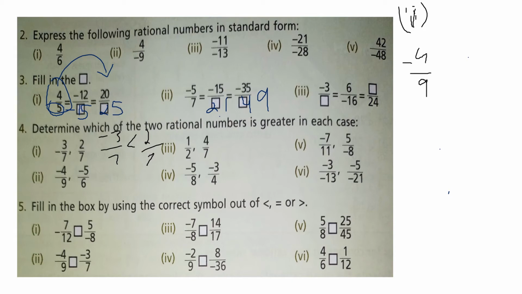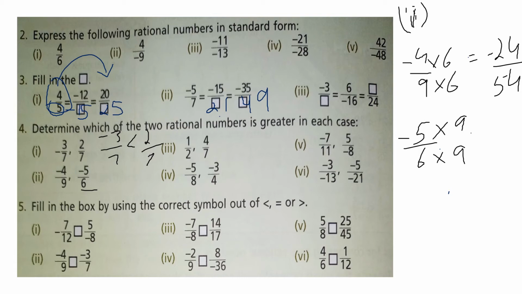Minus 4 by 9 multiplied by 6. What do we get? Minus 24 by 54. Now the second fraction is minus 5 by 6 multiplied by 9. 9 5s are 45 and 9 6s are 54.